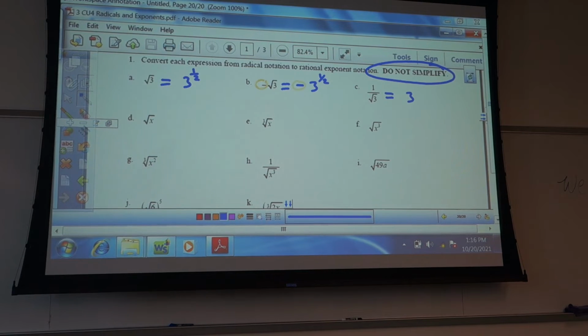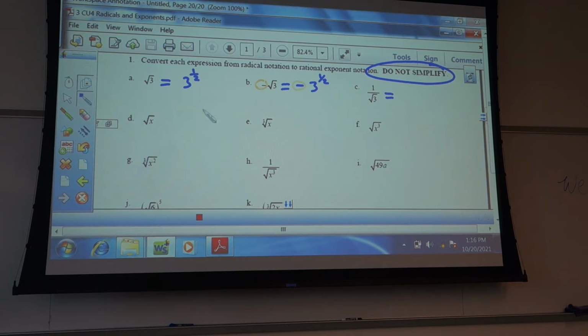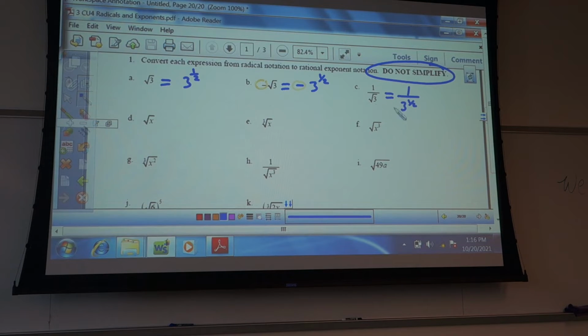Okay, so let's do this part. We'll do it in steps. 1/3 to the 1/2. Everybody go with that part? Does everyone understand? Square root 3 is 3 to the 1/2.